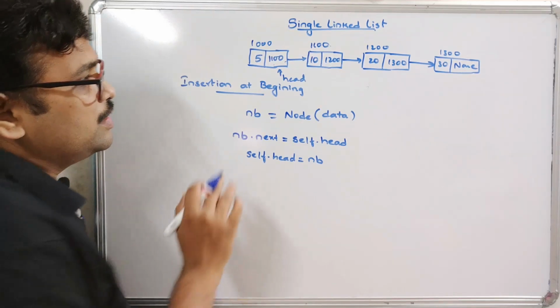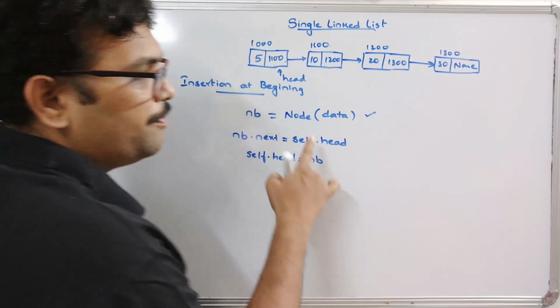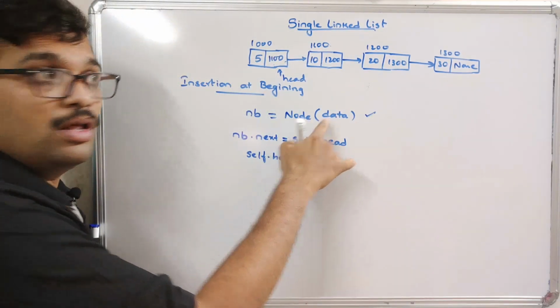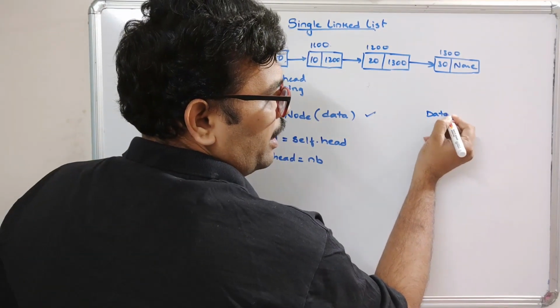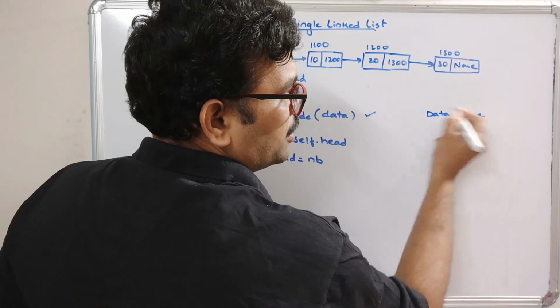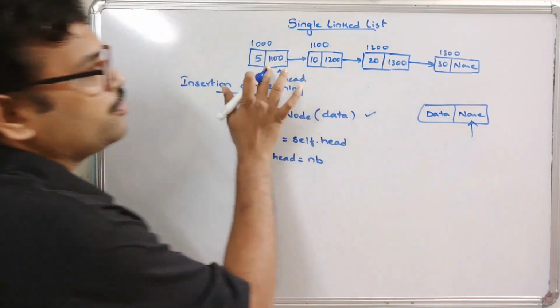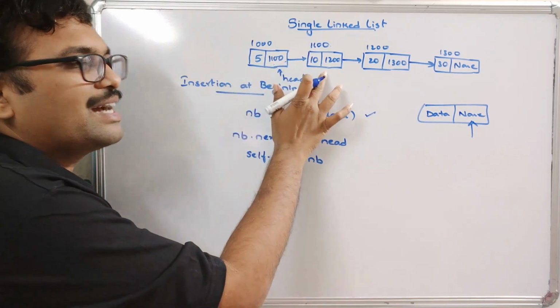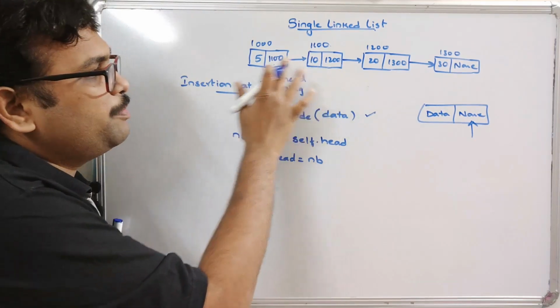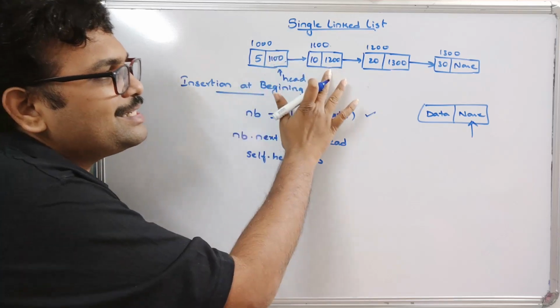So hope you understood. So first create one node. So automatically if you create a node, we'll get the data and none. So a node will be created and at this position we have to get the address of the current first node. Okay, so before insertion of this new node, this is the first node.